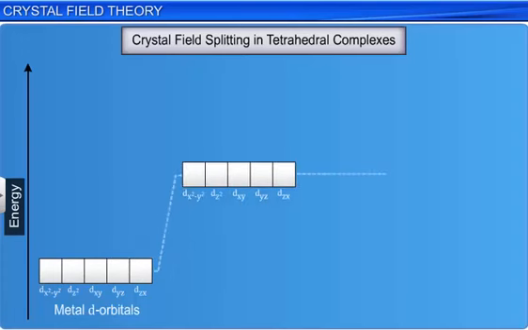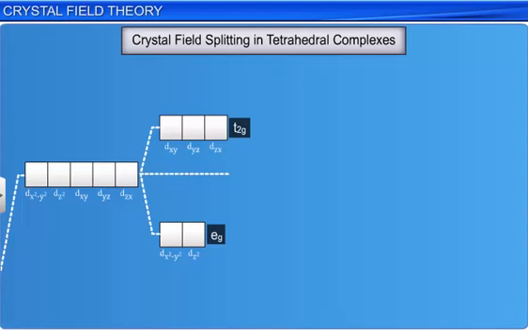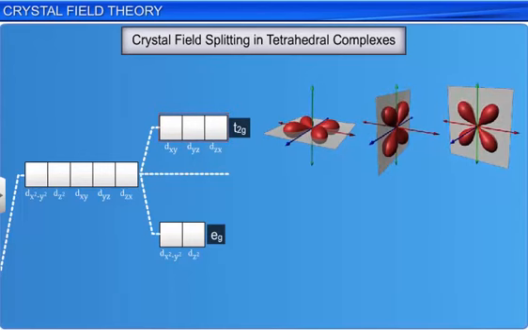Now, let's look at the crystal field splitting in tetrahedral complexes. The approach of the ligands in a tetrahedral field is as shown in the figure. You can observe from the figure that the ligands interact more with the t2g orbitals than the eg orbitals lying between the axes.